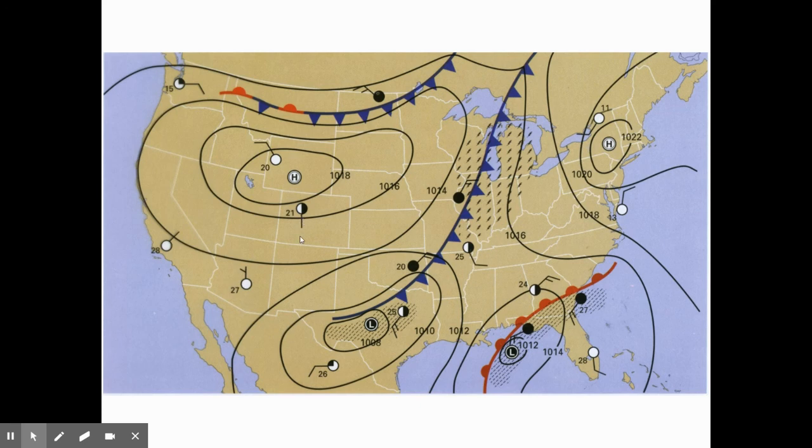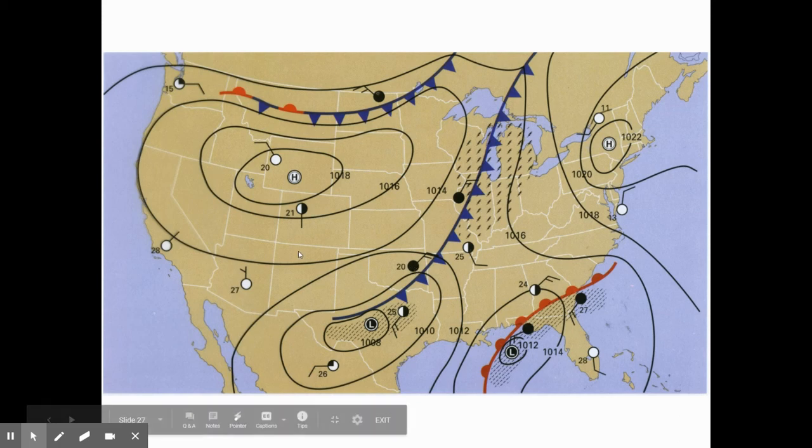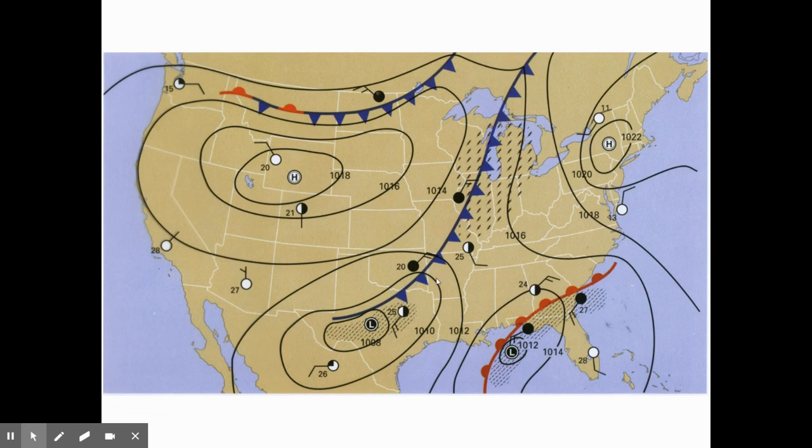Winds going to the south, winds going to the north. You have about 10 knots as the wind speed. No cloud cover here. Okay, it's partially cloudy here. Okay, complete cloud cover here. So there's a lot that you can tell from this map. It's windier here or here than it is from here to here.